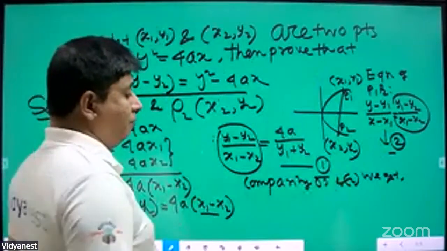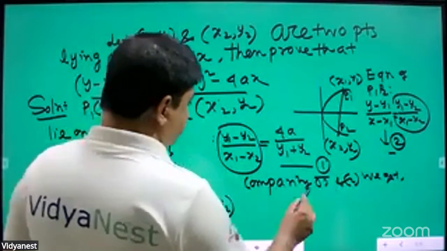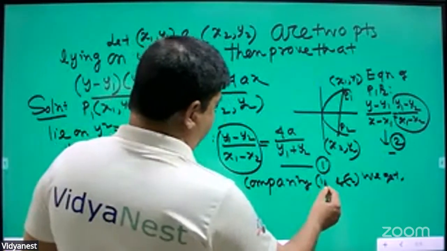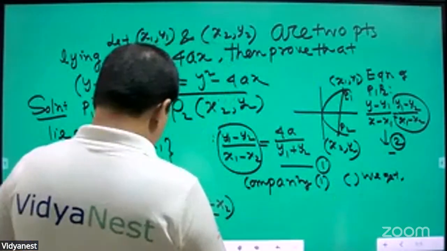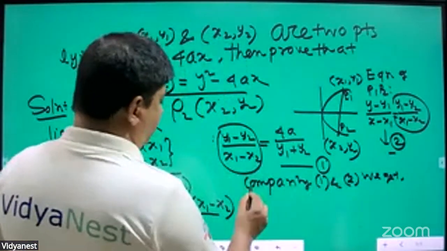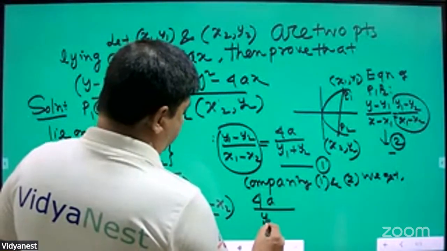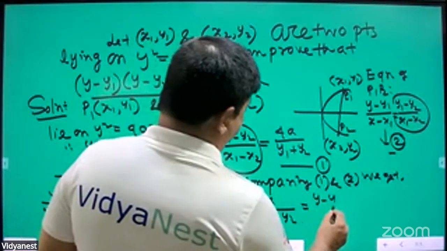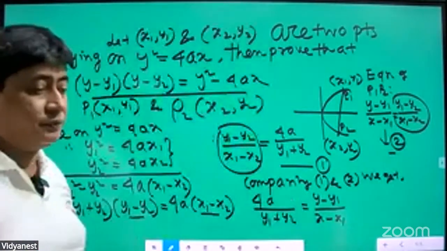So comparing 1 and 2, I can write 4a by y1 plus y2 equals that. So this much simplification is done yet.